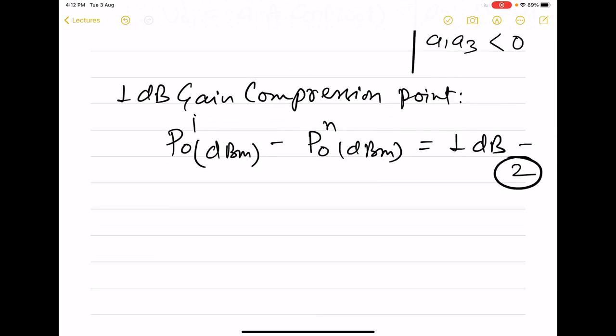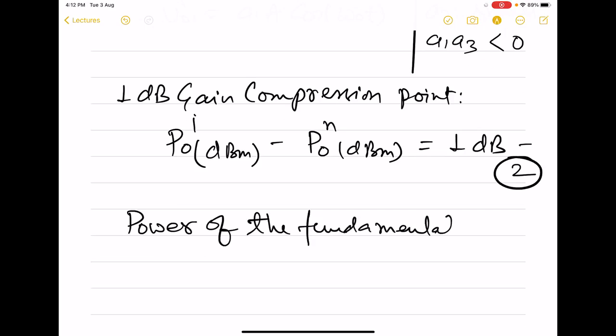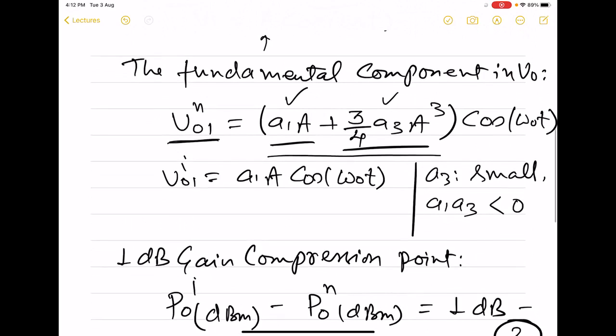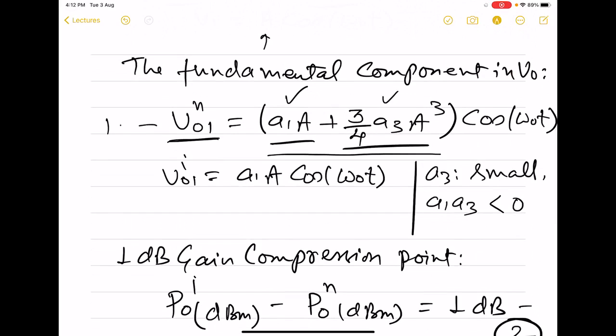So we have already pointed out, this is equation 1a, this is 1b.